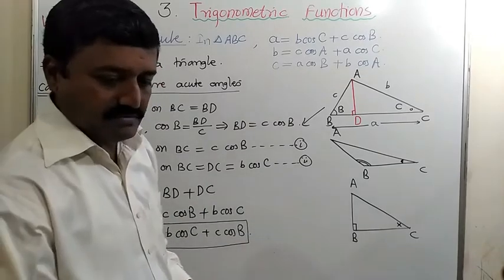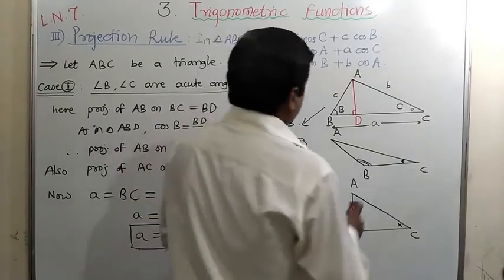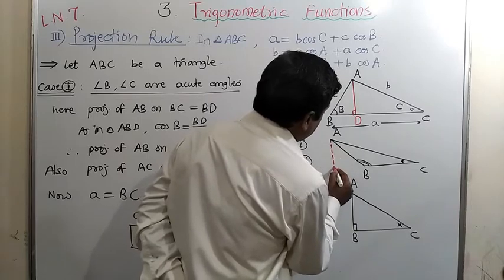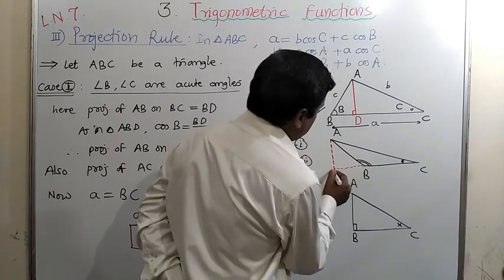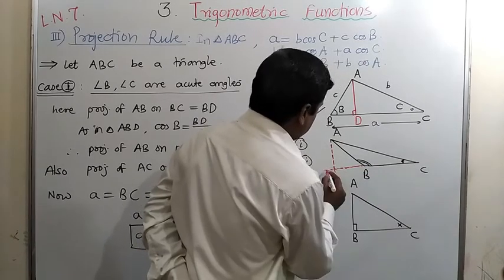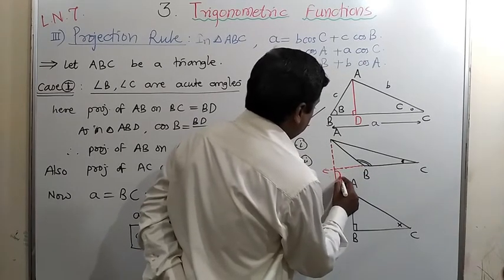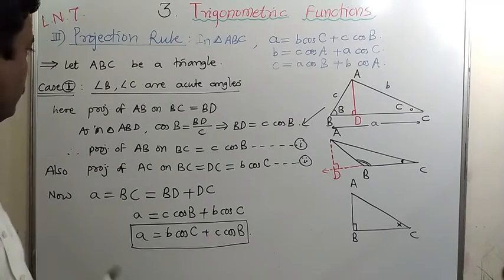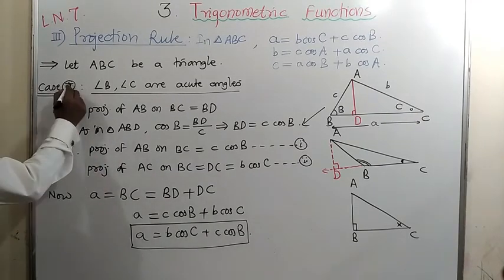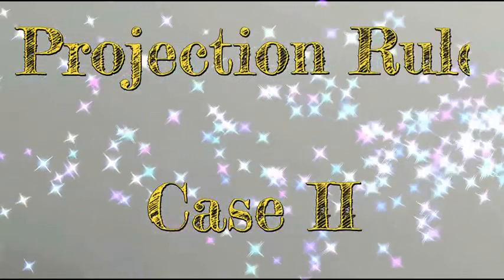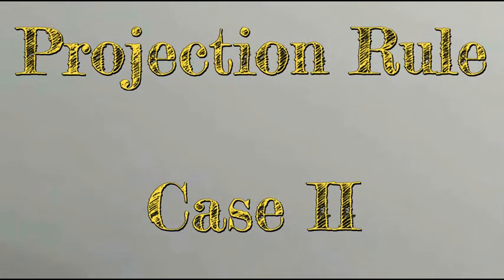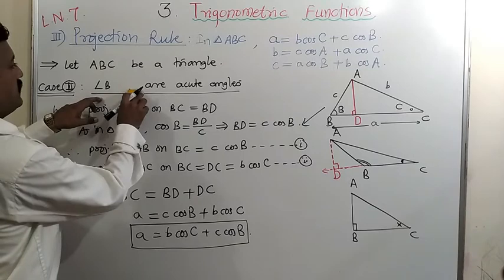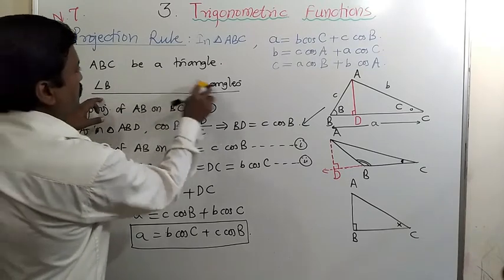We will perform the same construction here: draw a perpendicular or altitude through vertex A. It will cut this side BC at, suppose, point D. In a similar way, let us see case 2 of the projection rule, in which angle B is an obtuse angle.